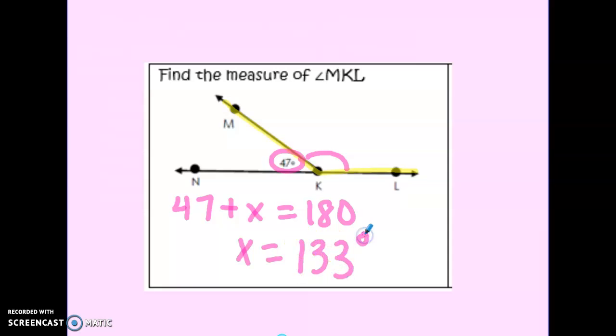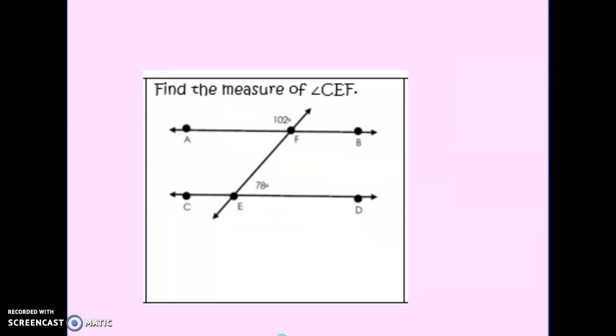Okay, so our next one, find the measure of angle CEF. CEF is this one here. Again, we've got supplementary angles. So we have this 78 degrees here.